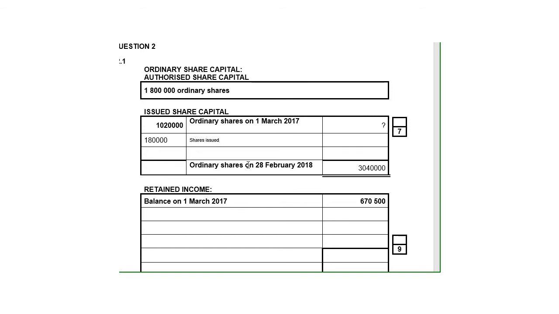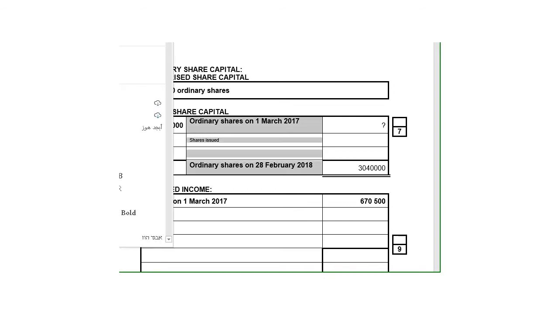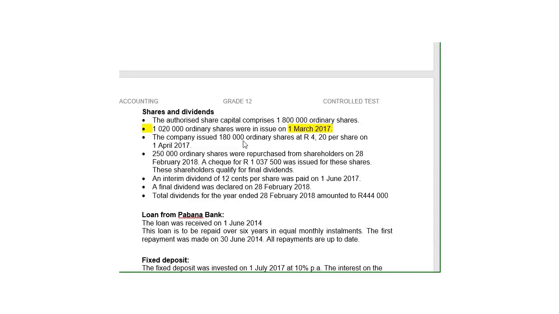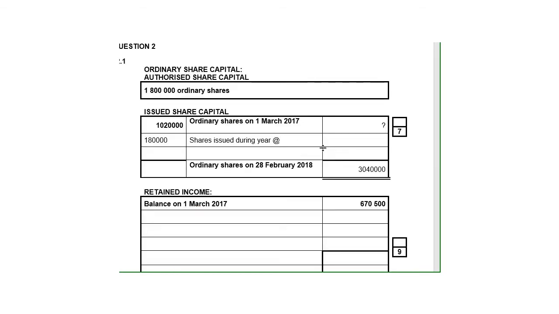Let's just make this a bit bigger. Shares issued during the year, and they were issued at R4.20 each.